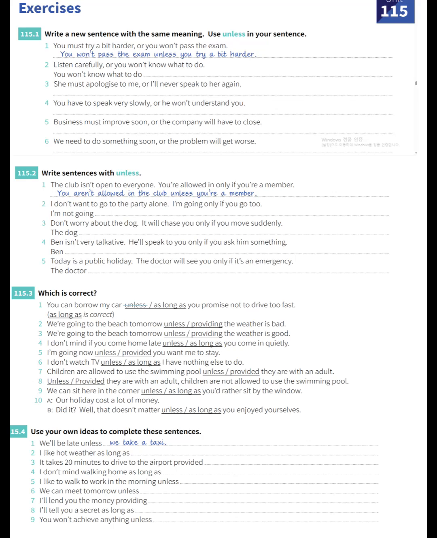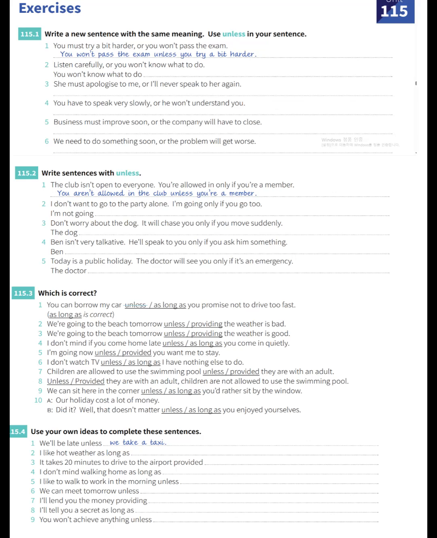Let me see first. After we use unless, the sentence after unless has to be in present tense. Okay? After unless, the sentence that comes must be in present tense. Let me confirm if this is true.